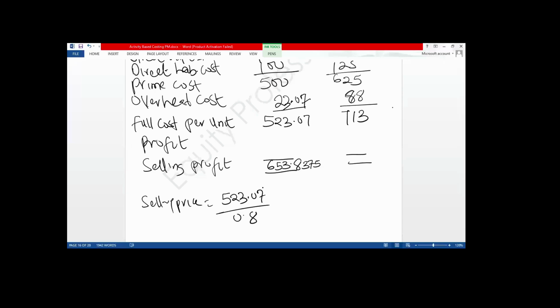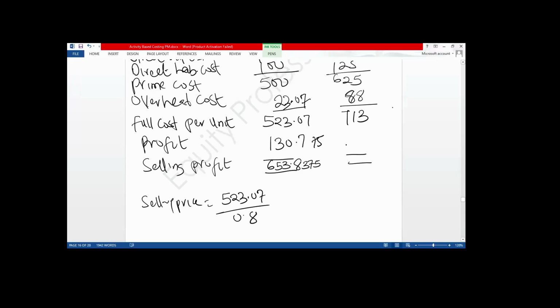Your profit for standard becomes 653.8375 minus our cost 523.07. This will give me a profit of 130.7675.